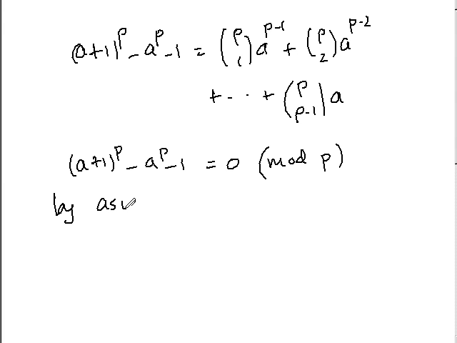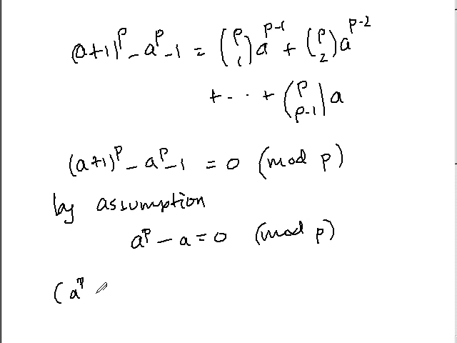Now, by assumption, a^p − a ≡ 0 mod p, because a^p ≡ a mod p.